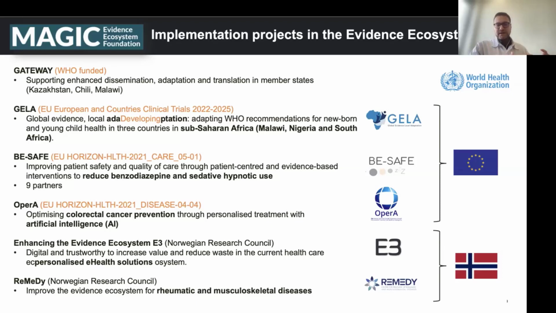So we try to enhance the ecosystem through synthesis, guidance, and accessible tools that are going to be tested in implementation trials, for example, in BeSafe. Or GELA, global evidence that is adapted, sorry for the typo, in sub-Saharan Africa, Malawi, Nigeria, South Africa, for example.